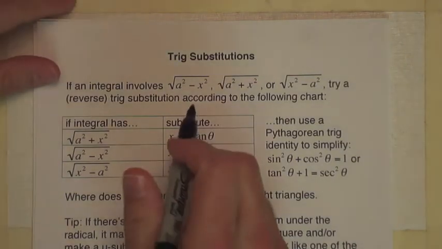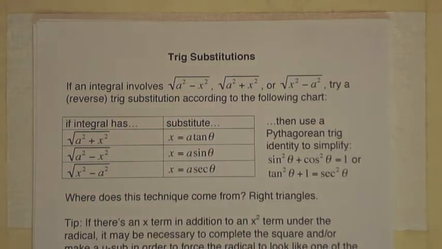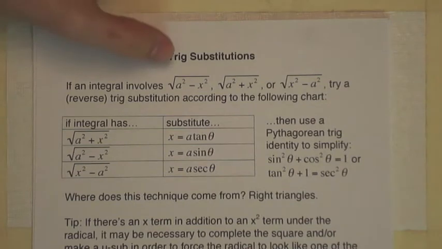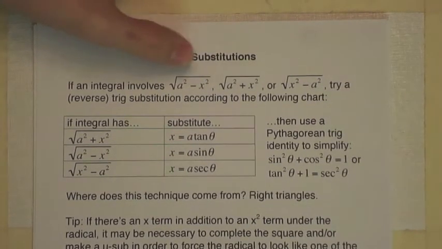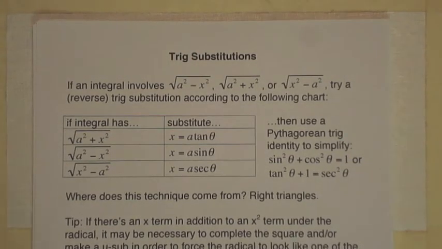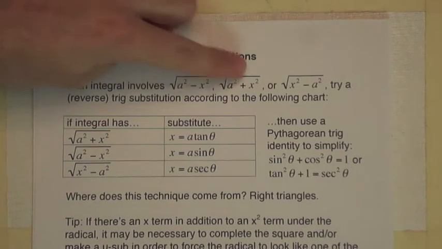Integrals involving trig substitutions are different than integrals involving trigonometric functions. Here I'm talking about integrals that don't obviously involve trigonometry, but rather involve square roots of quadratic-looking expressions with x squared under the radical. Something like a number squared minus x squared or plus x squared.